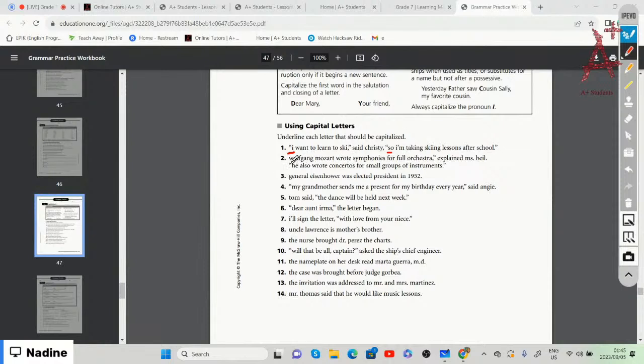So Wolfgang, W is capitalized, Mozart capitalized, right? Miss Beale capitalized, He capitalized.